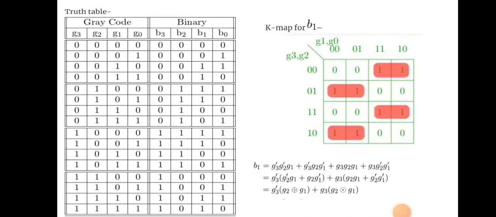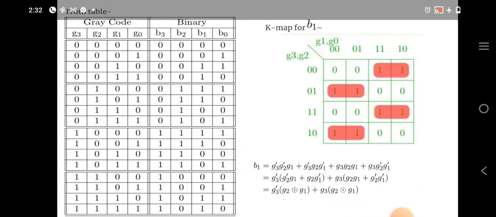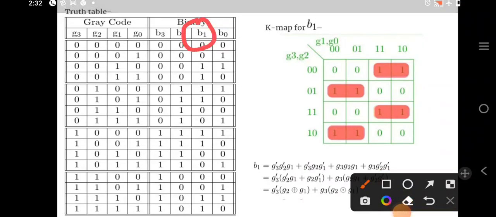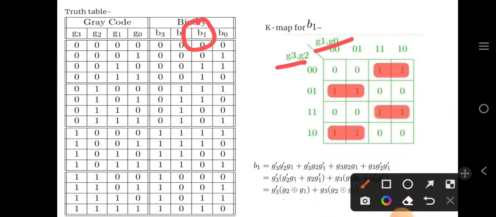Now the second is the K-map for B1. Here we will need this column, that is B1. As the inputs are 4, there will be a 4 variable K-map, G3 G2 on this side, G1 G0 on this side. So put all these zeros and ones in the K-map.